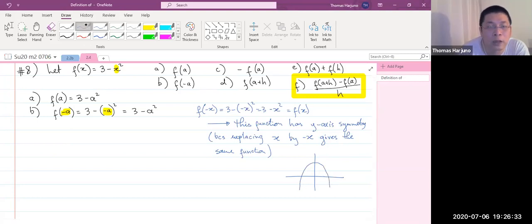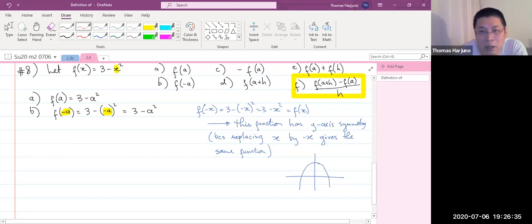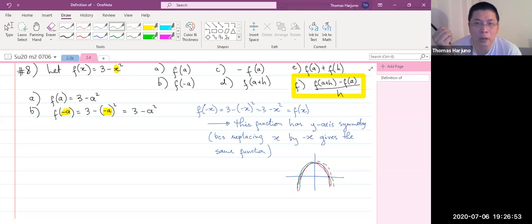When you reflect this part here with respect to the y-axis, it becomes here, while the one on the left-hand side goes there. So you get exactly the same function when you reflect it. With that phenomenon, we say the graph of the function has y-axis symmetry. That will enable us to graph this a lot faster.